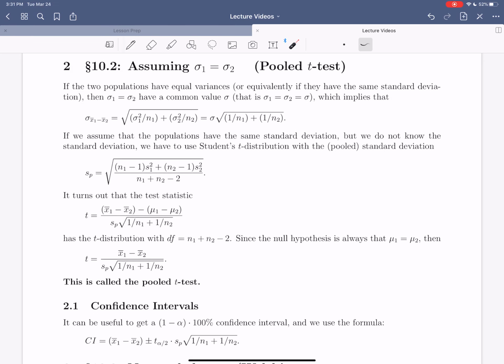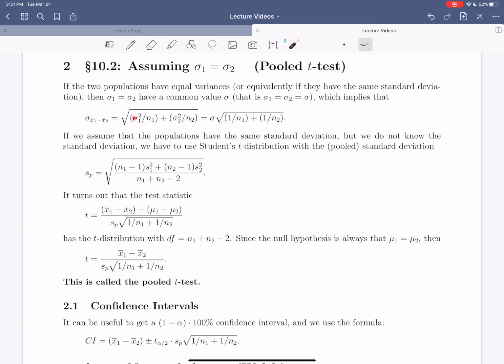Even if we don't know the actual value of the population standard deviations, if we have a reason to believe that those population standard deviations are equal, so if we think that sigma 1 is equal to sigma 2, then many things get simplified, namely the standard deviation.